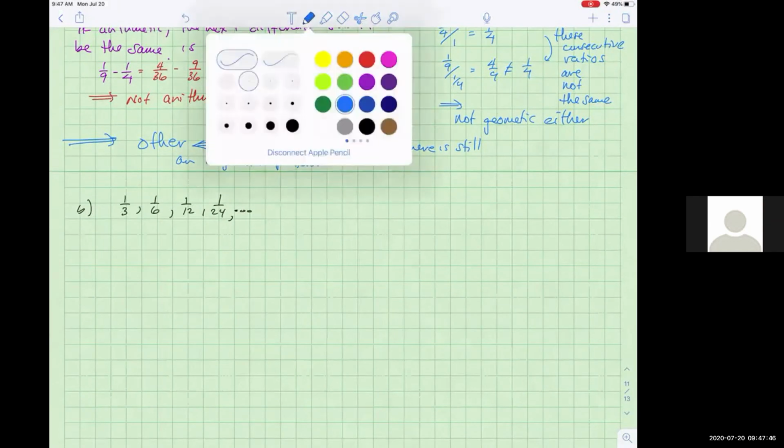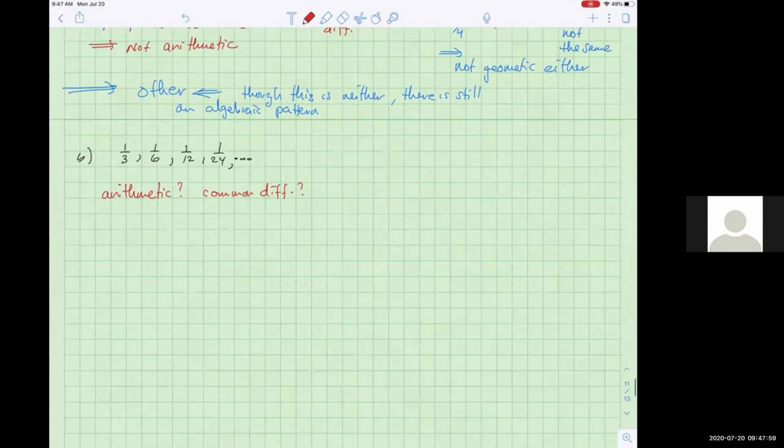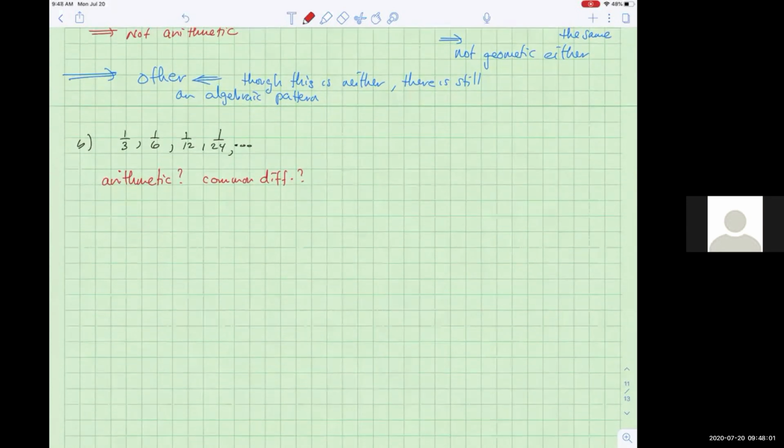Let's get started with, is it arithmetic? Is there a common difference? And all you have to do is subtract consecutive terms. So let's see. 1/6 minus 1/3 is 1 over 6 minus 2 over 6, which is negative 1/6.